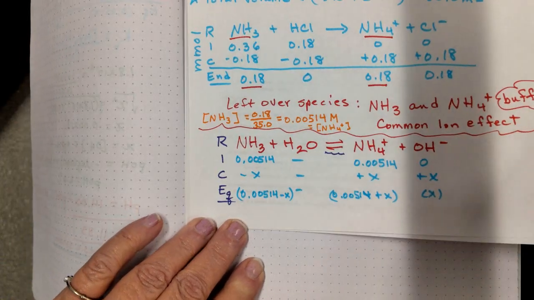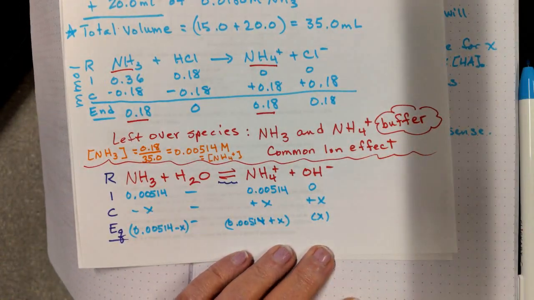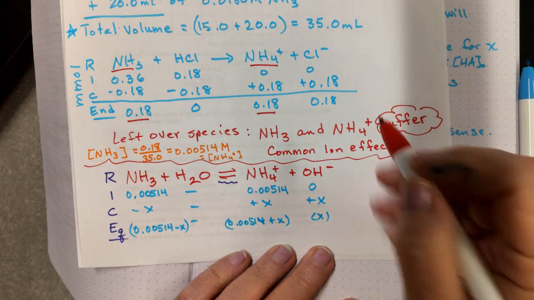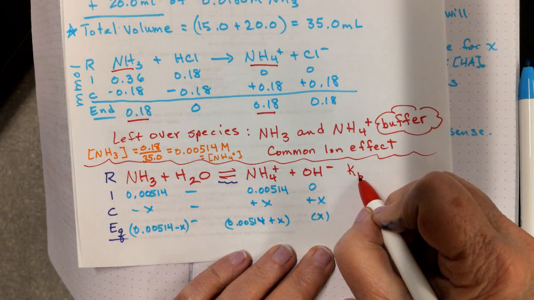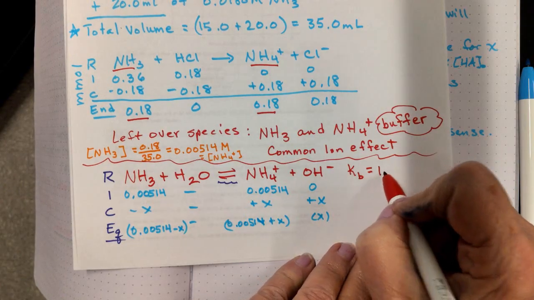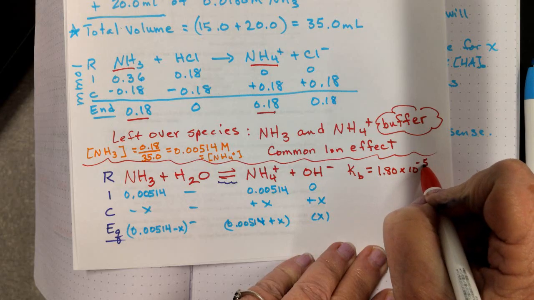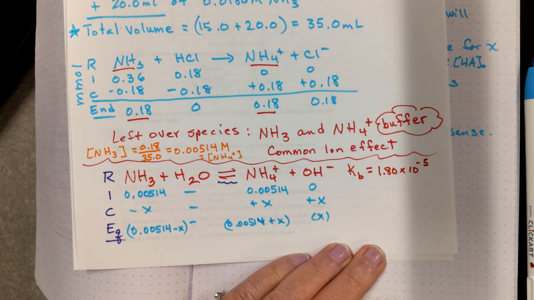And now we get our Kb. So what did we determine the Kb to be earlier in this problem? It was 1.80 times 10 to the minus 5. We determined that in an earlier part.